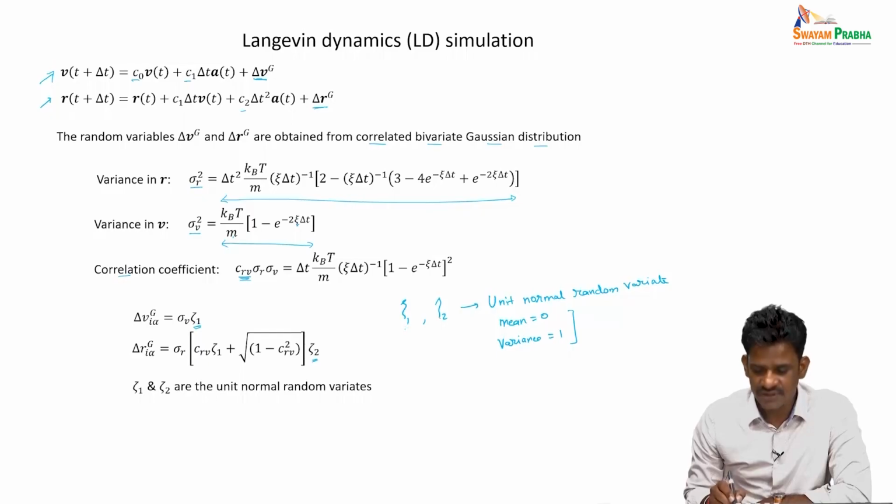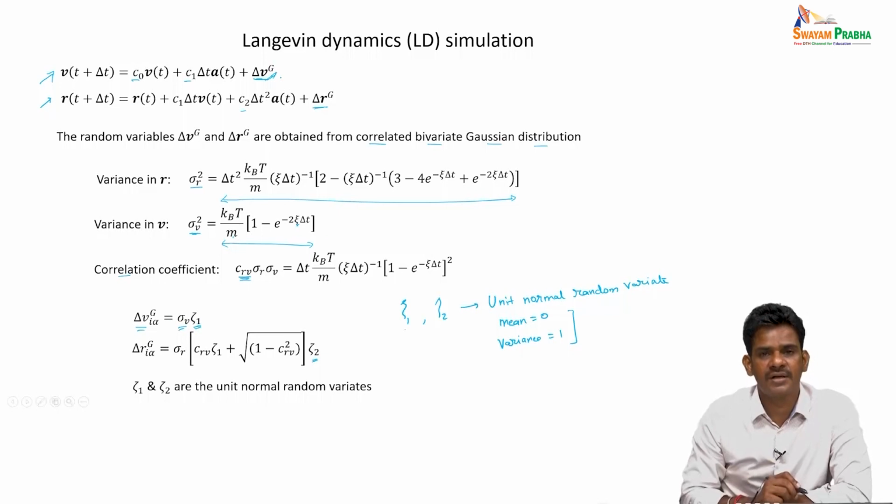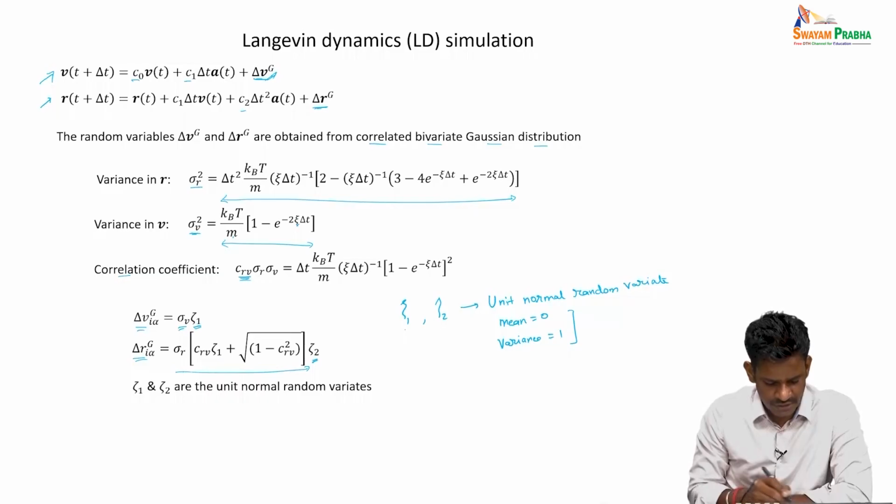So, this is basically simple normally distributed random variables. Once you have zeta 1 and zeta 2, you can multiply zeta 1 with the standard deviation for v from here to get delta v, which goes into this particular expression. Similarly, to get delta r for each component, you take zeta 2 and do this mathematical operation, and that will give you two random variables that go in here.